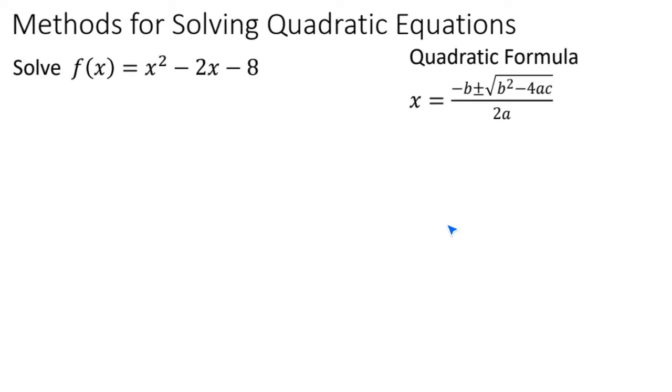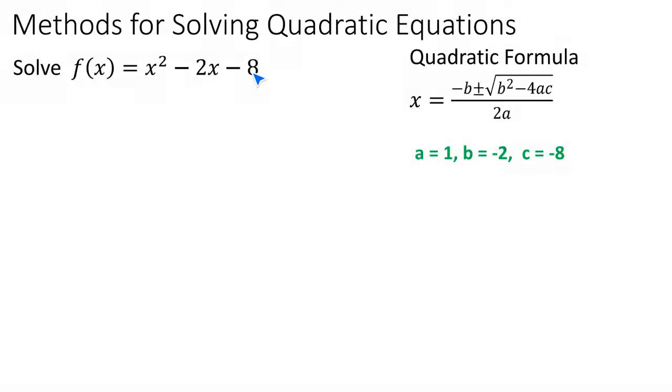And then the last method is to use the quadratic formula. And I wrote the quadratic formula on the right side here. Okay, so the first thing you should do is identify what your a value is, your b value is, and your c value is. And so a is always the number in front of x squared, b is always the number in front of x, and c is your constant.